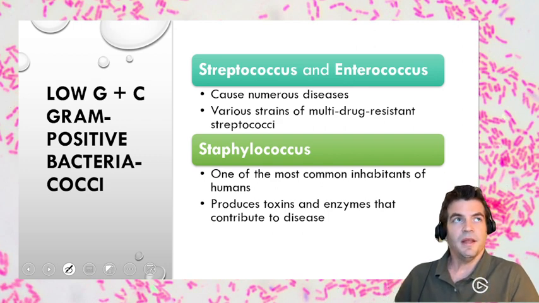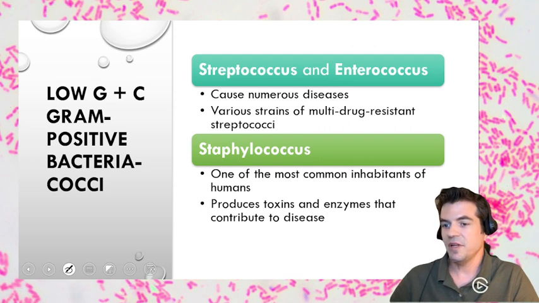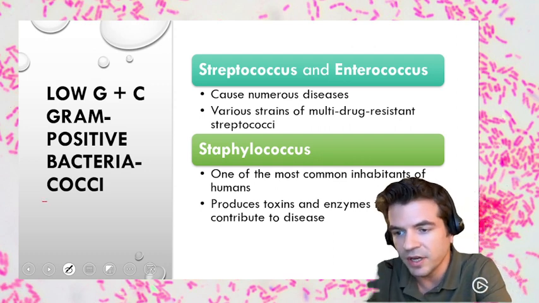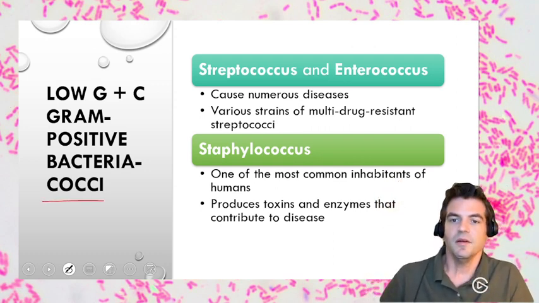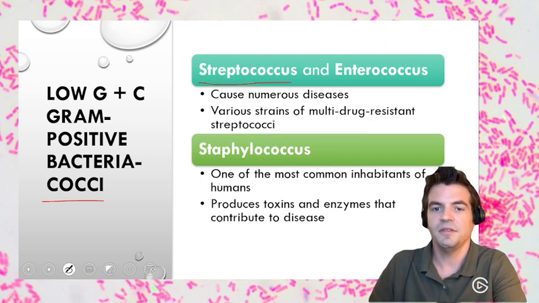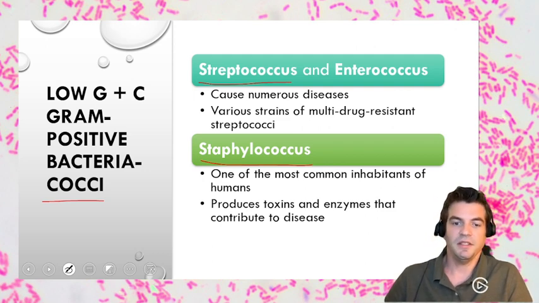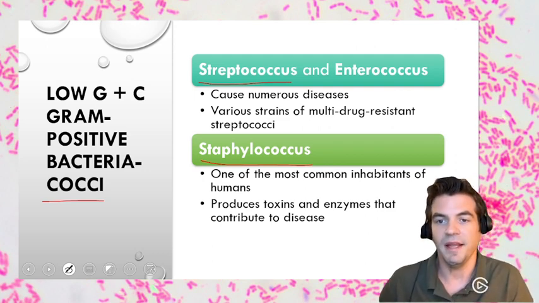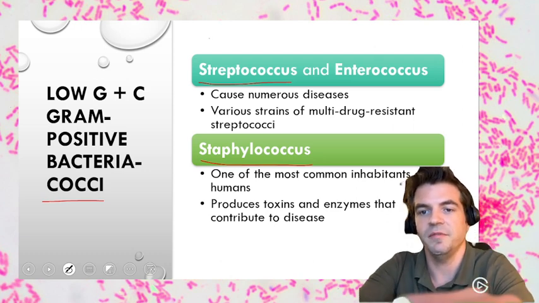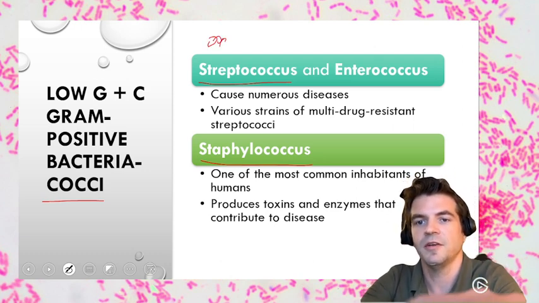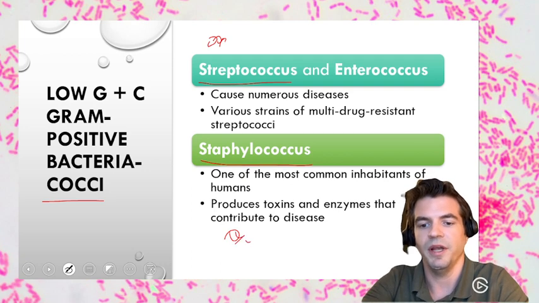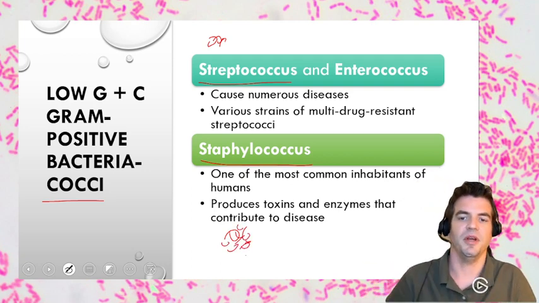All right, and we have our final low G plus C gram-positive bacteria, and these are the cocci. We have Streptococcus and Staphylococcus. We talked about those already in class, strep throat and a staph infection, and that is based on their arrangements of being a chain or a cluster of grapes.